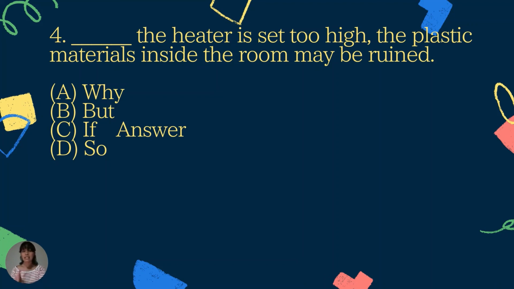So that's why C, if, is the correct answer for number 4. When you have a conjunction so, you use it to say that someone does something because of the reason just stated. Normally, before using so, there's a cause. In this case, there's no context of what's the cause. So so is not a good answer here because I'm not seeing a cause before the blank.